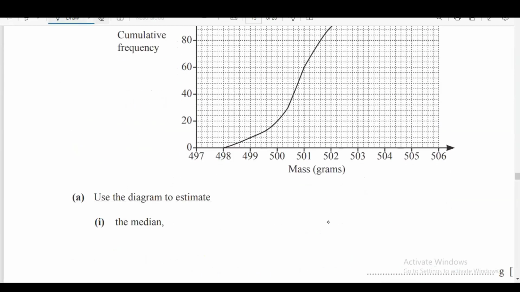Median is Q2 basically. The symbol of median is Q2, or we can say second quartile, 50th percentile, or P50.